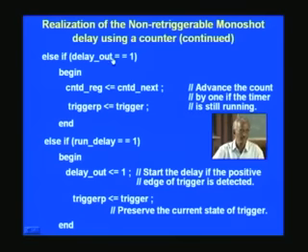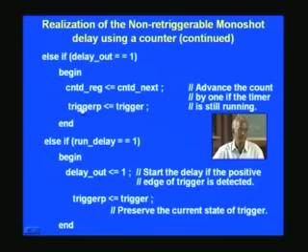So as long as it is running, we can keep on incrementing the counter, and we also should not forget to put this current trigger value as a previous value, so as to use it in the next clock when it strikes.